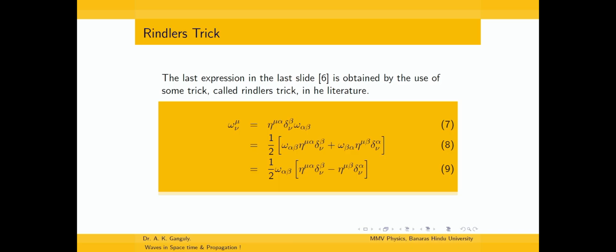Once we have done this, what we can do next is interchange the position of alpha and beta with beta and alpha in the second term in the 8th equation, to generate what is called half of omega of alpha beta, which is common, and there are two pieces.